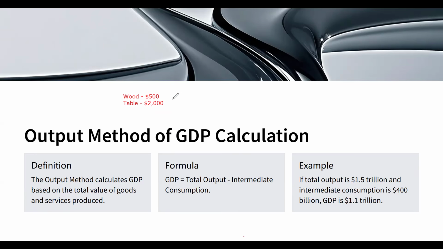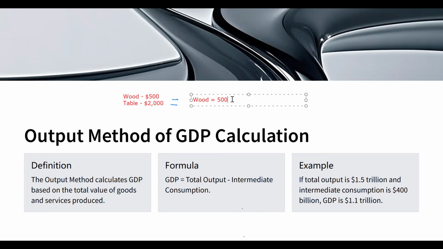Does that make sense? Remember, I use this wood to make this table. Right? So to get the total output, I would take the wood, the wood is worth 500, and I would add the additional value that was given to the wood.